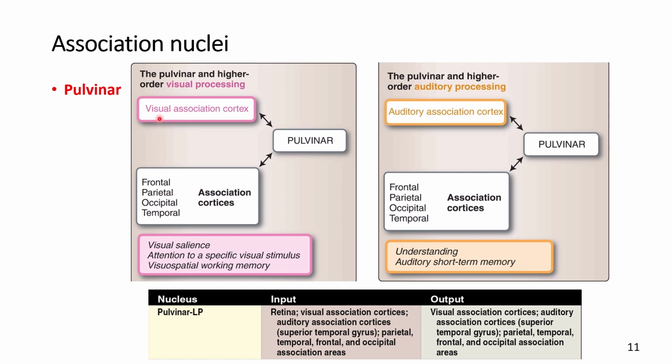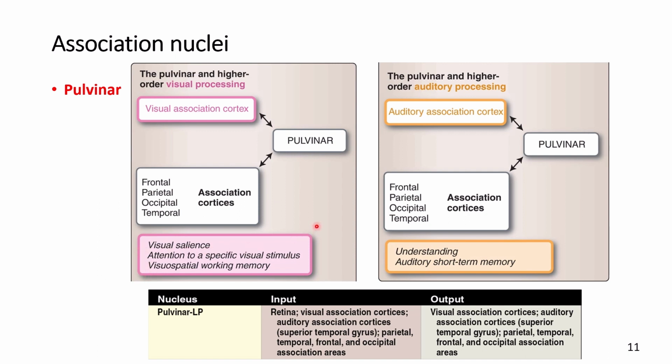So in both the visual system and the auditory system, the pulvinar is connecting different association cortices. For the visual system, it's important for visual salience. Visual salience is actually the same thing as attention to a specific visual stimulus. And part of working memory is actually visual salience.